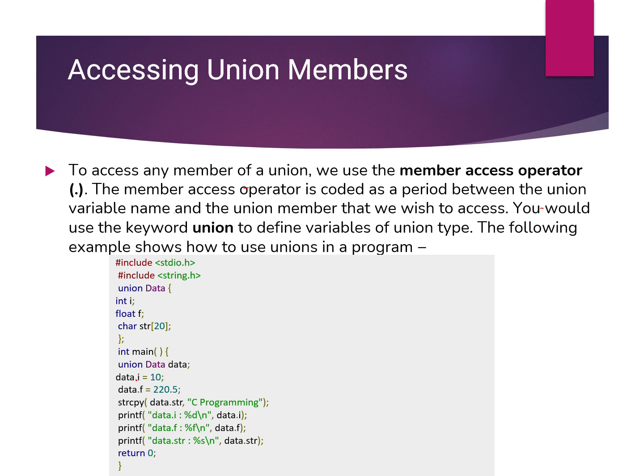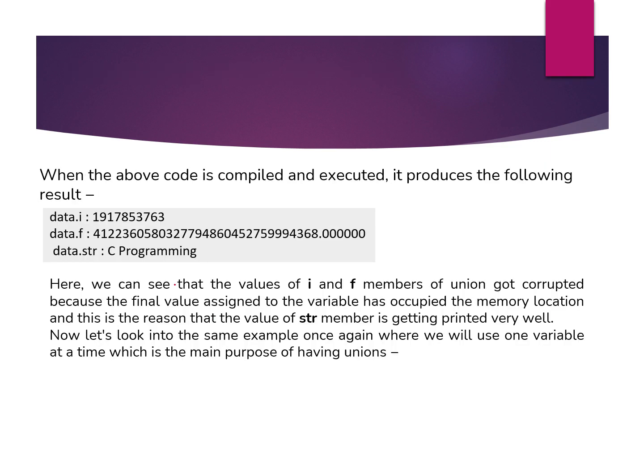In the main program, we created an instance of that union, called data, and accessed the first variable using data.i, initializing its value to 10. Then we initialized the float to 20.5, and the string to C programming, and we displayed this data one by one. So the output will be this.